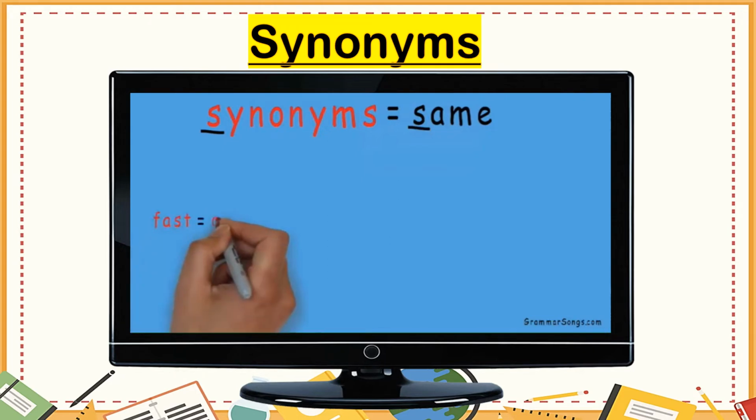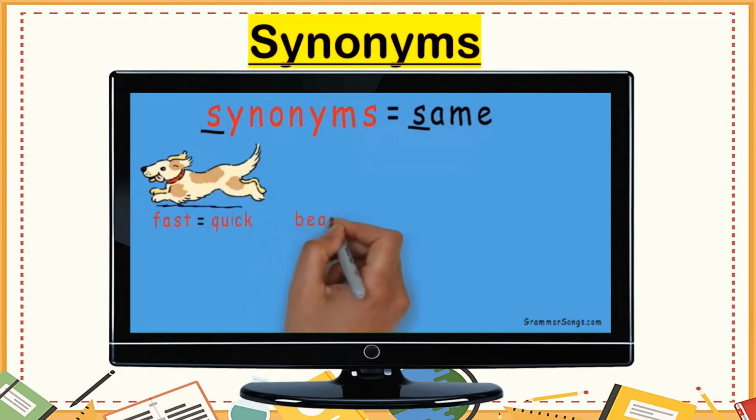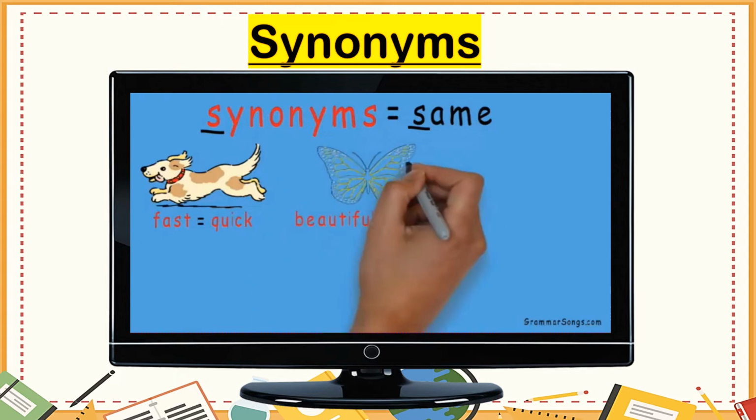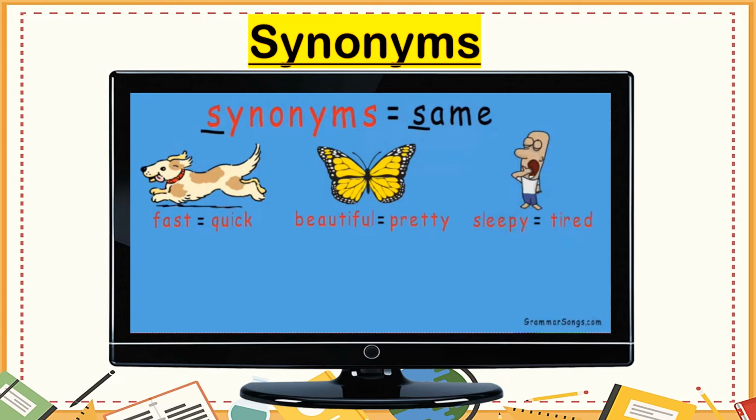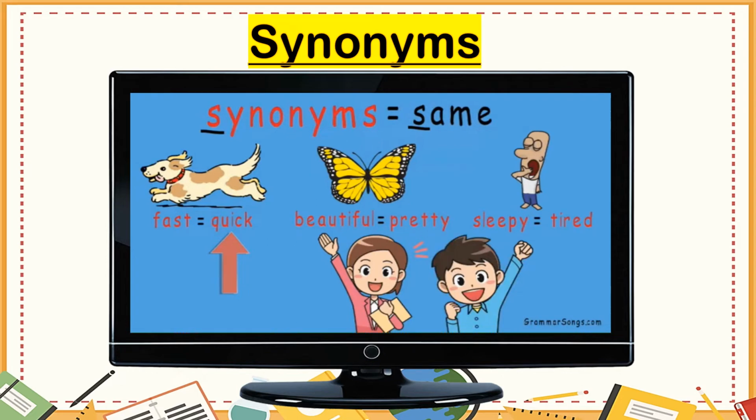Examples of synonyms are fast and quick, beautiful and pretty, sleepy and tired. Each pair of synonyms has a similar meaning. For instance, if you say the dog is fast or the dog is quick, the meaning would be the same. So I could say the butterfly is beautiful or the butterfly is pretty, and it means the same thing. Or I could say the man is sleepy, or I could choose to say the man is tired.